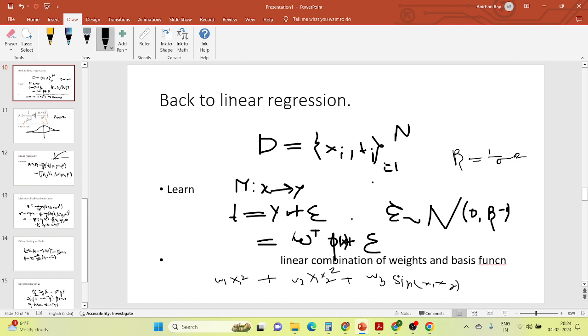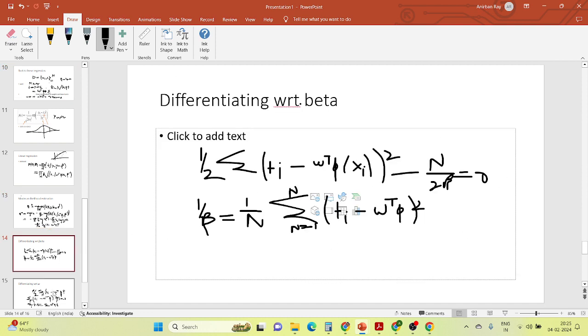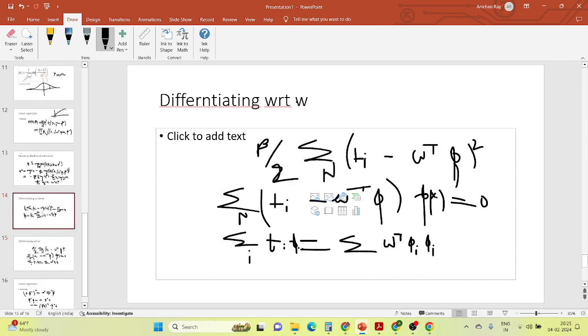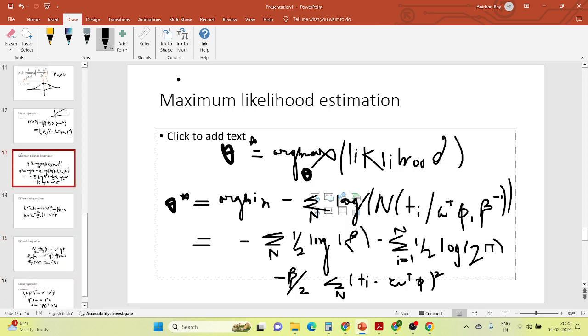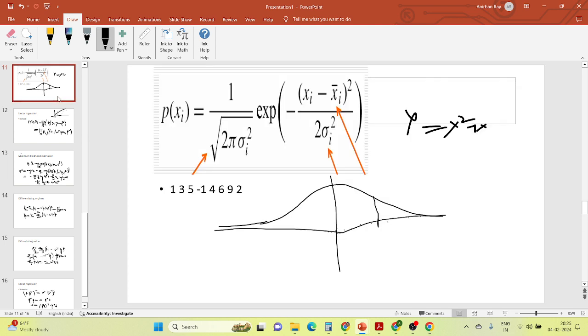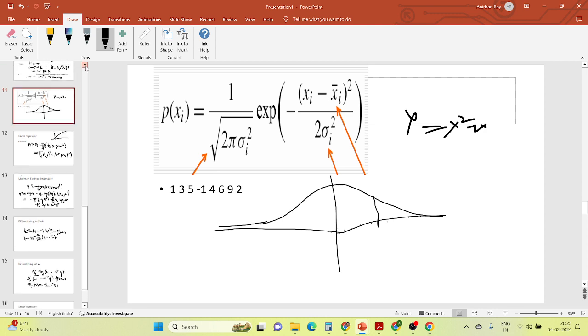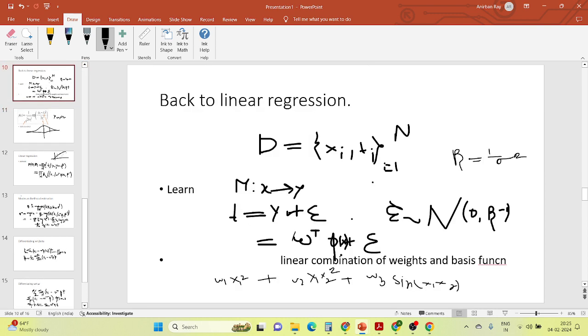The other parameters are w and beta. You have to understand that w is a vector representing the dimension of phi of x, and beta is a scalar.